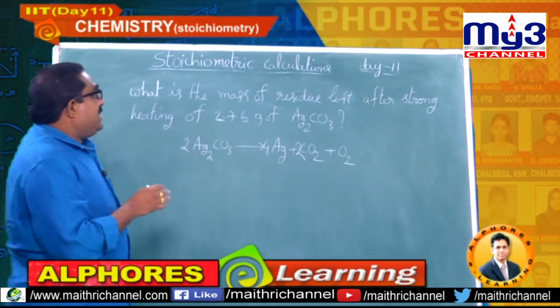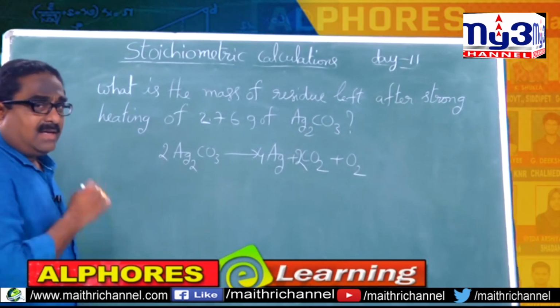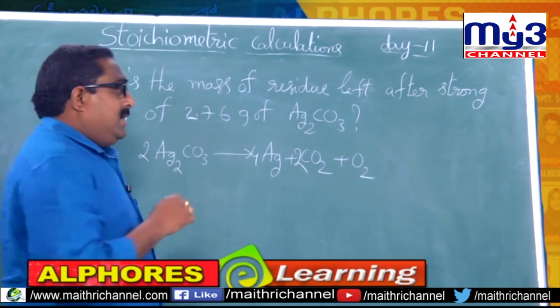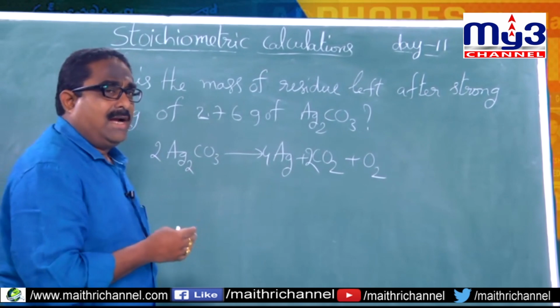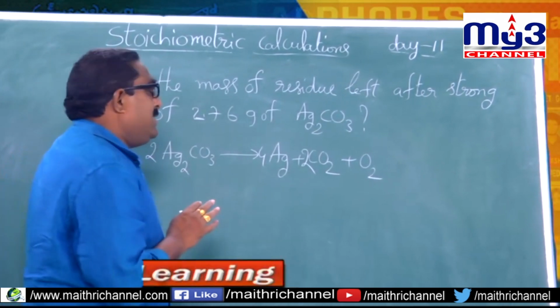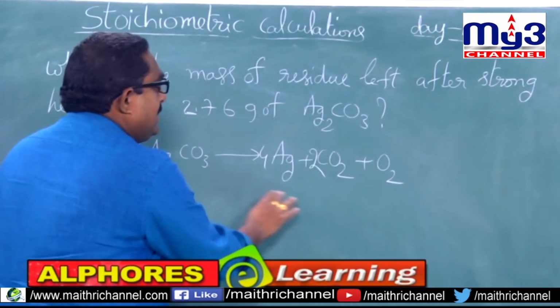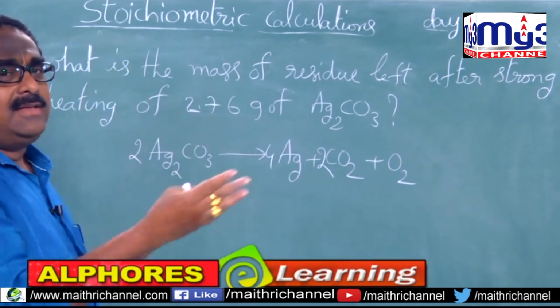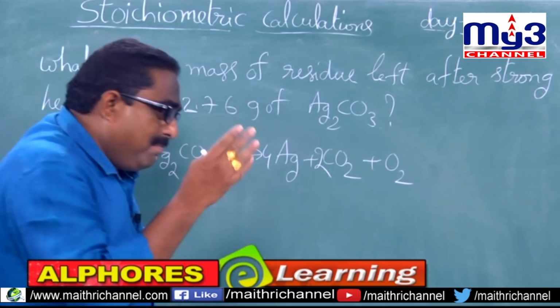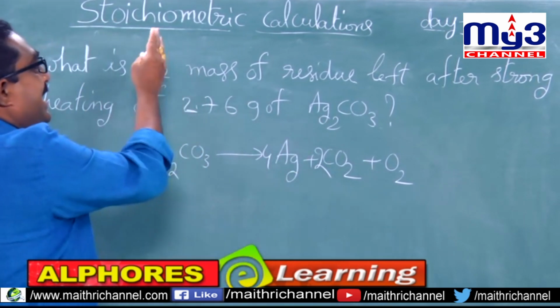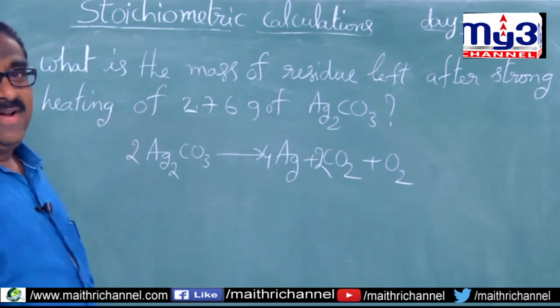Yes, this particular part of stoichiometry needs the entire knowledge of the two academic years' syllabus, because any balanced chemical equation present in the two academic years' syllabus can be set as a numerical under the heading Stoichiometric Calculations.